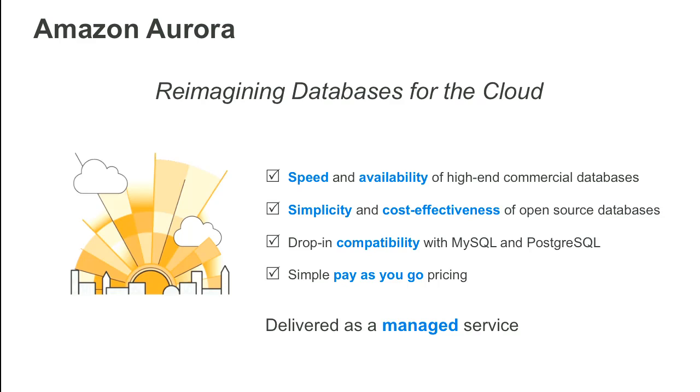It has drop-in compatibility with MySQL and, as we recently announced, Postgres as well, with very simple pay-as-you-go pricing. Now, all of this is delivered as a managed service. Those of you who have used AWS before might be familiar with RDS, Relational Database Services. And Aurora is delivered as an engine under the umbrella of the RDS managed service.